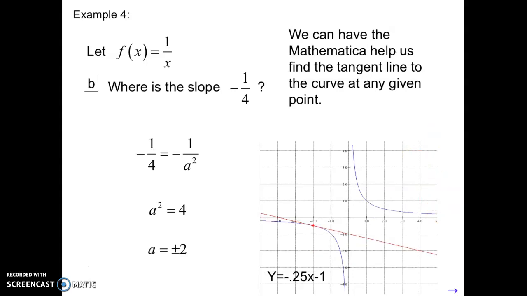Here's the hyperbolic function 1 over x in blue, and you can see this is the tangent line to the curve at x equals negative 2. If I were to draw one over here at x equals 2, you would see that these 2 lines are parallel to each other. It would also have a slope of negative 1/4.